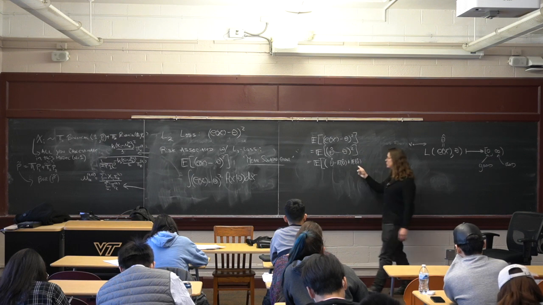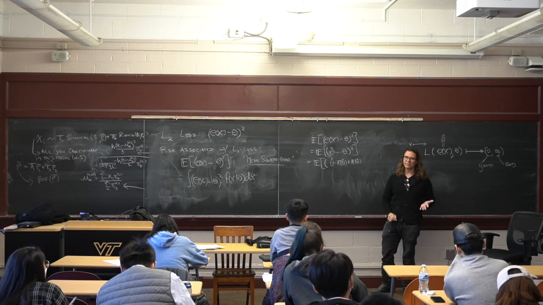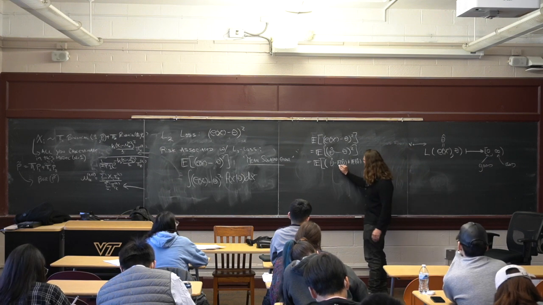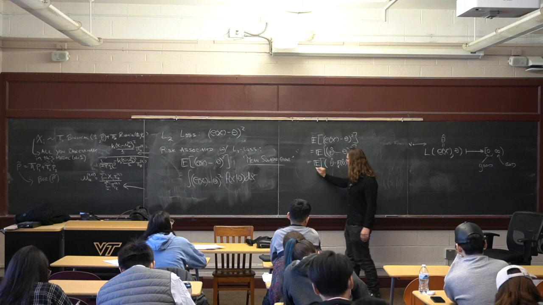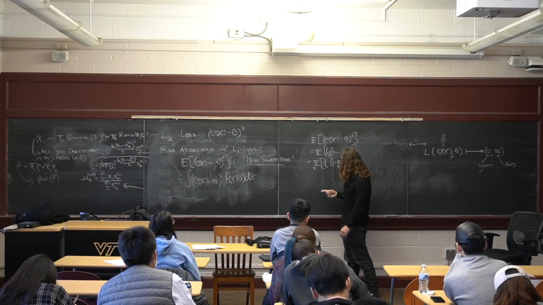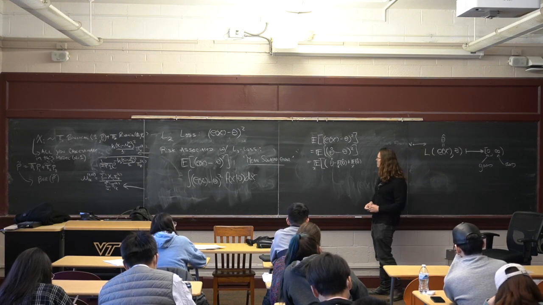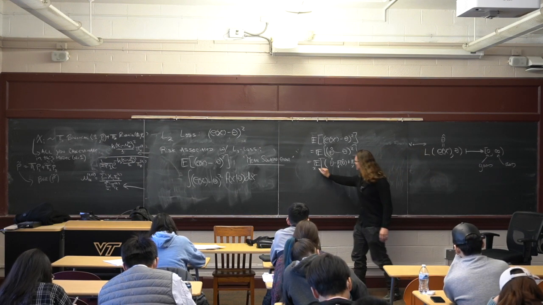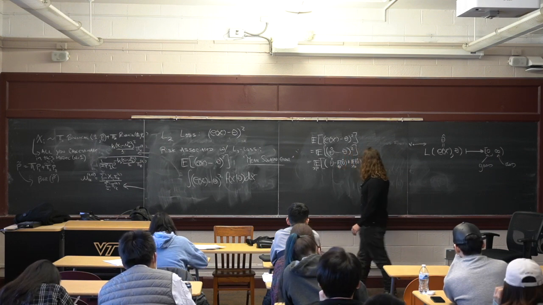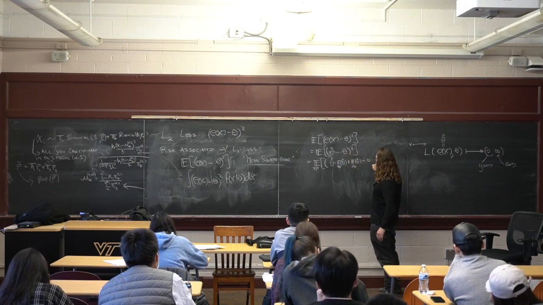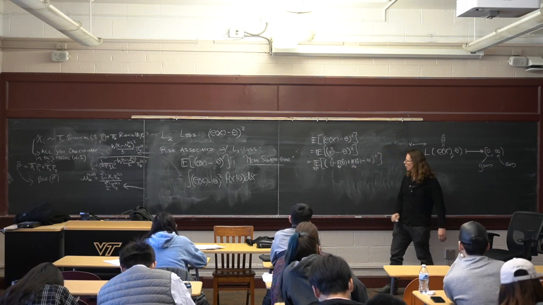Keep in mind, the expectation that I'm taking is over x. It's the only thing in there. So this is over x. This one is over x as well. I probably should write x given theta, because that's what it's really over. But I'm just going to write x on those for right now. Minus theta. So all I've done is added a funny form of 0 in all of this.